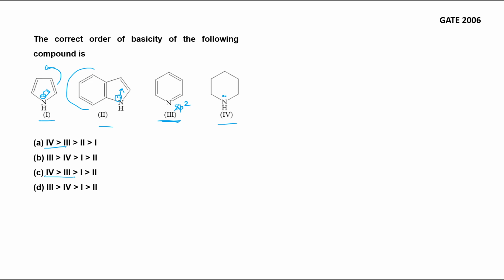And that is why the lone pair availability, if we compare between 1 and 2, is even lesser in case of 2 compared to 1. Because we have an extra benzene ring, more delocalization, there is more chance that lone pair availability decreases even further. So after 3, the next basicity among 1 and 2, 1 will be higher and then 2. So it is matching with C.